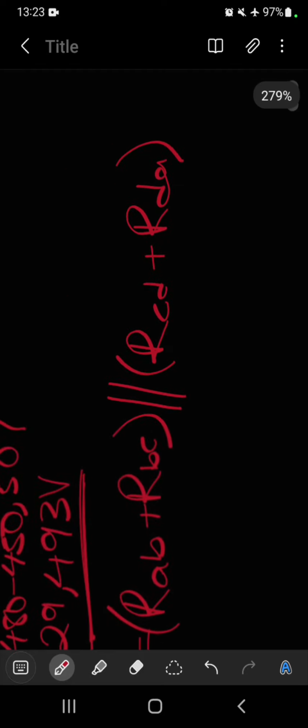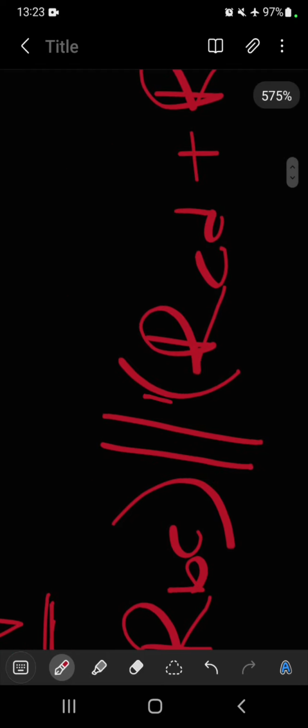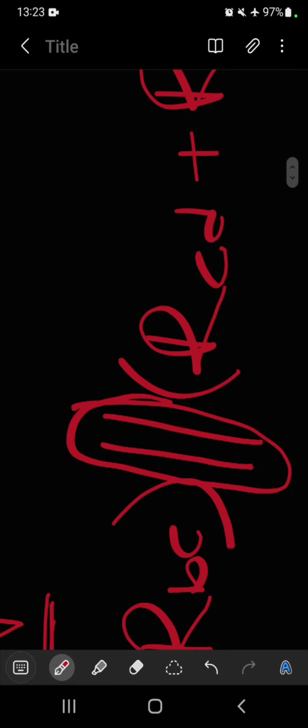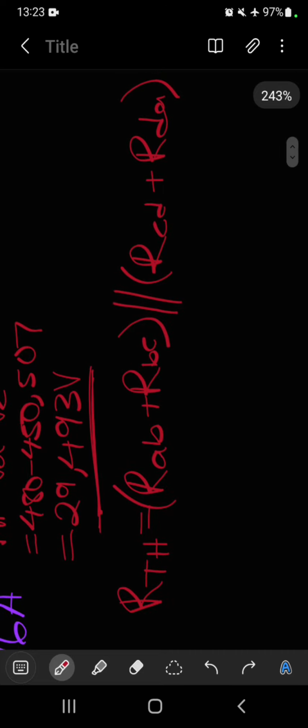Or maybe I should change this, because I remember someone asked me how to punch this on a calculator. Well, we don't have that on a calculator. Let me do it the right way.